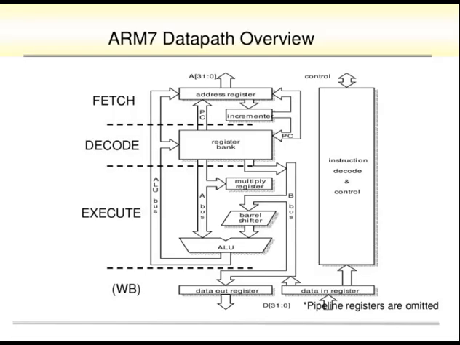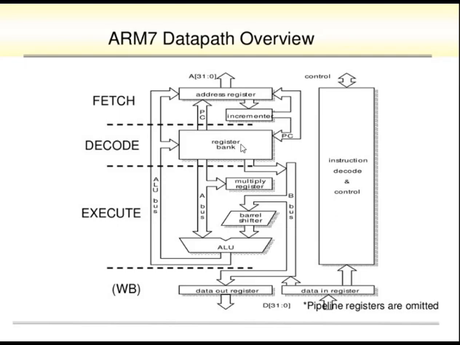Now we will see the data flow, in the same diagram which we observed a while ago. So what are the different execute and decode operations? Fetch means getting the data ingestion, so it is carried out in the address register. This address register gives its input to the register bank.